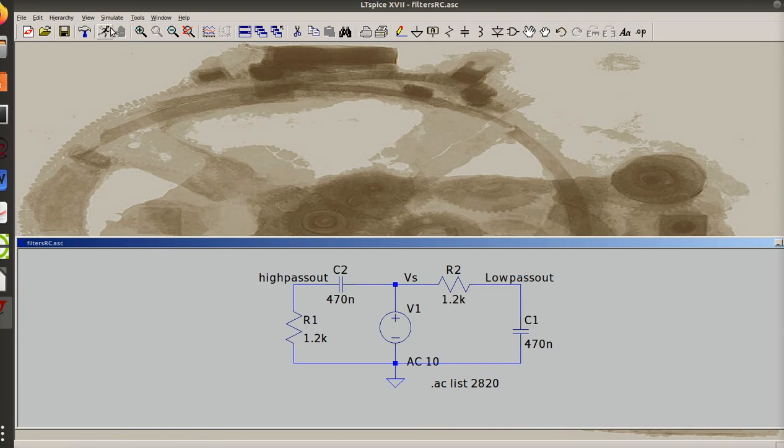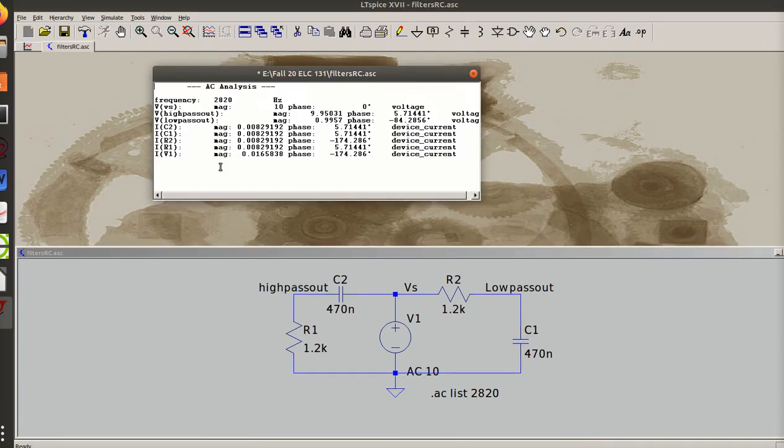And sure enough, now my high pass out is almost a 10, and my low pass out is just less than 1. So I'm getting a little bit of signal through on my low pass, but it's very low power, very low voltage. I'm getting a lot of my 10 volts out on my high pass because the frequency I'm using is above that corner frequency.